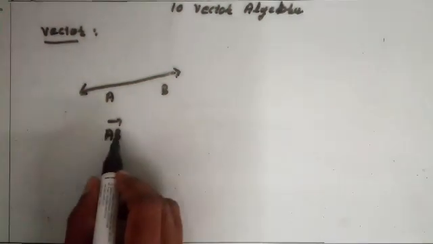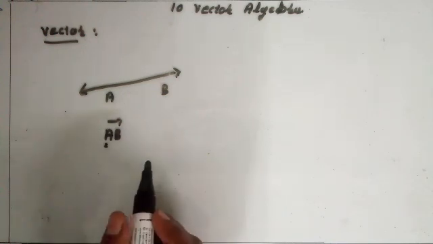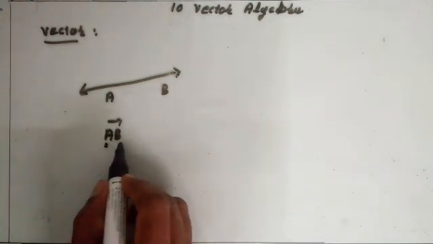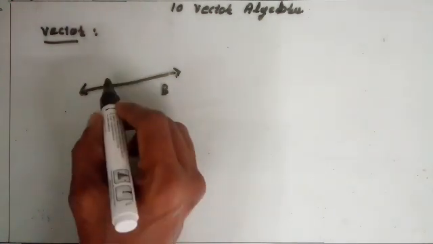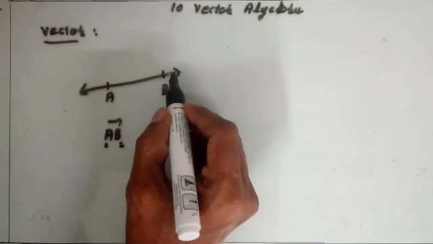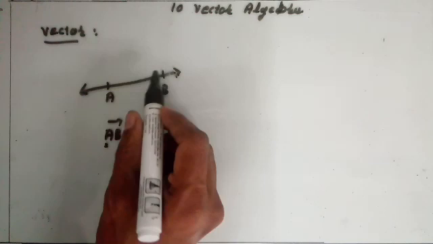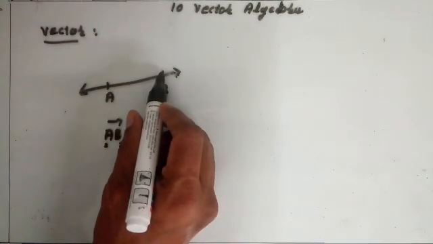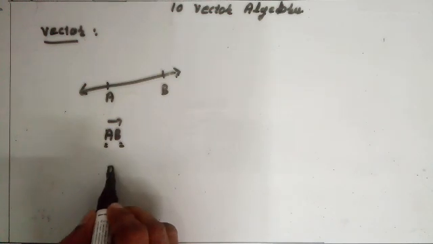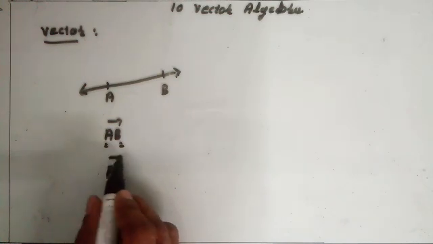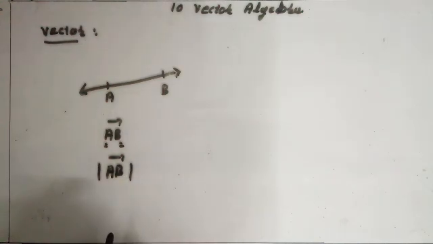Here for this vector AB, A is called initial point and B is called terminal point. Length of line segment AB, that is the distance between initial point and terminal point, is called magnitude of vector AB and is denoted by mod of vector AB.